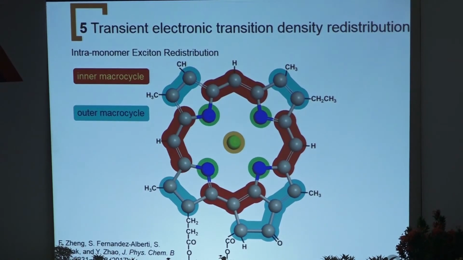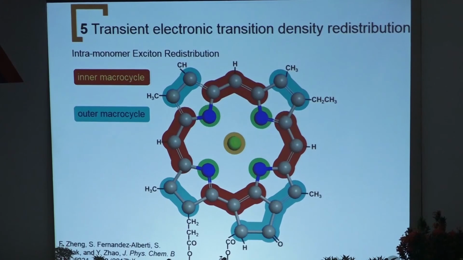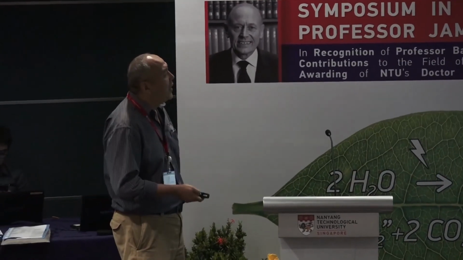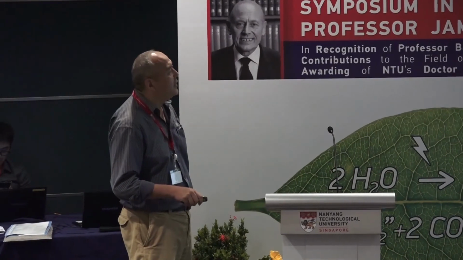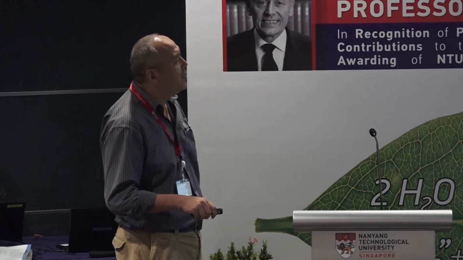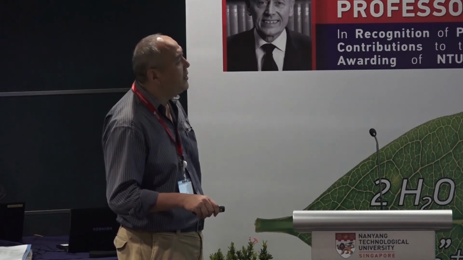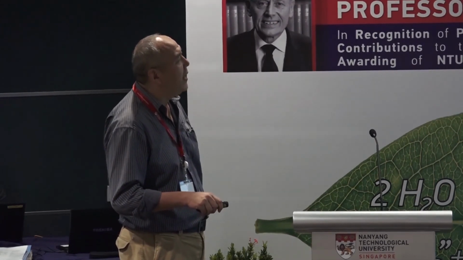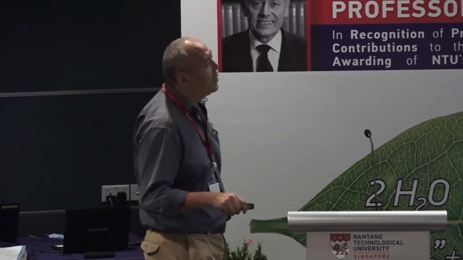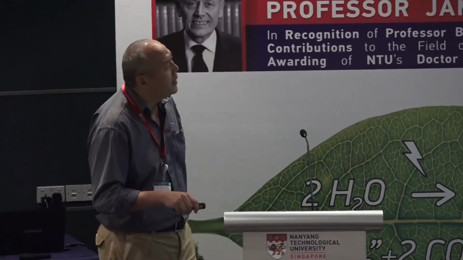So during the relaxation, time running out, I'm sorry, the system goes like this. In the B band, the electron density mostly is in magnesium as well as nitrogen atoms, as well as the outer macrocycle. And towards the lowest QY band, it will be on the inner macrocycle.